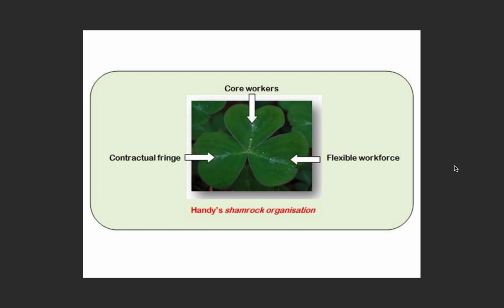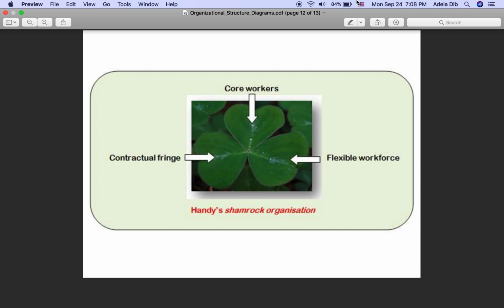This model suggests that a business can reduce costs, gain competitive advantage, and increase response time by training their workforce to retain only a multitask core. So it means that the creation of a product or service can be supported by the core workers, the contractual fringe, and the flexible force.